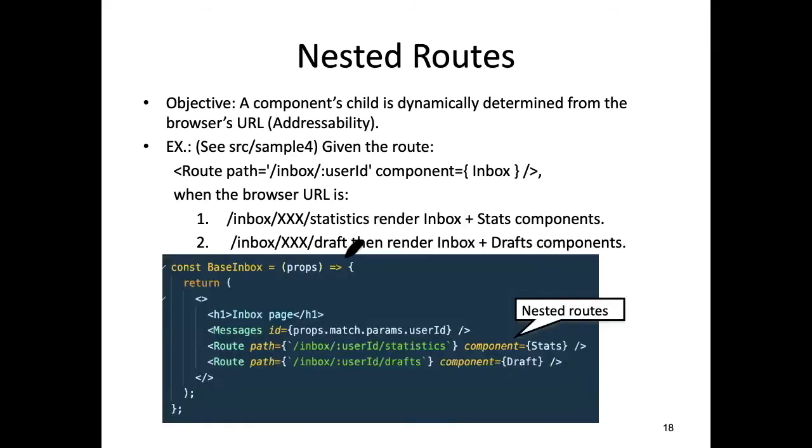Here's an excerpt from the inbox component, and you can see as part of its JSX, we actually have route entries. The route entries are referring to the particular child that I want to have mounted in addition to the inbox. So let's see the sample in action.